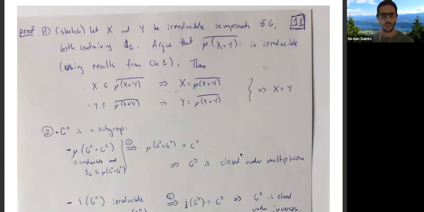Well, they're both irreducible components. They're not just irreducible as topological spaces, they're irreducible components of G. And so irreducible components, I believe, you're putting me on the spot here, so this is something to double check, but I believe they're all the same dimension.